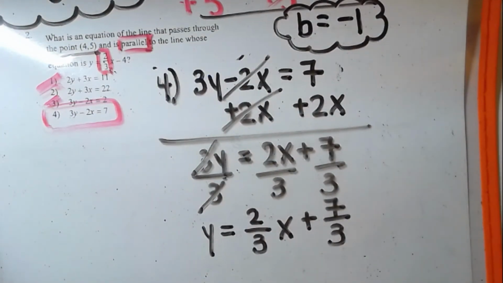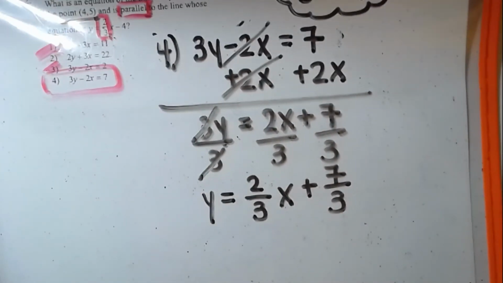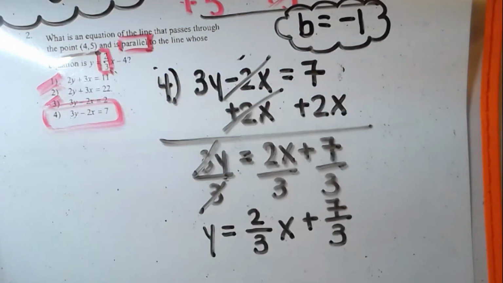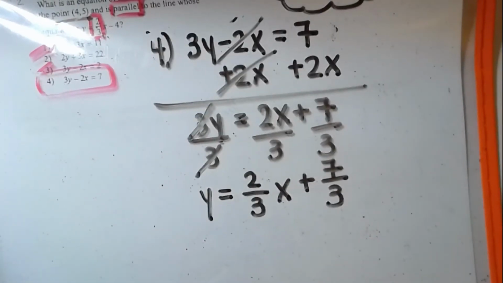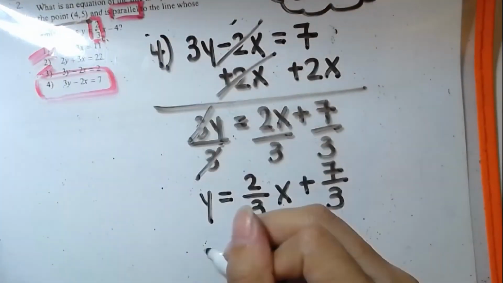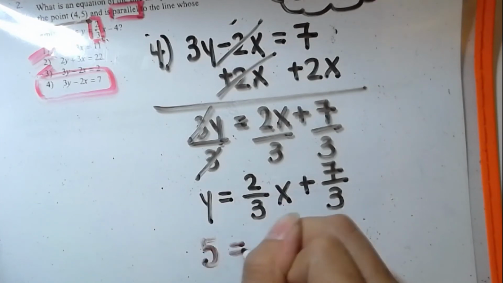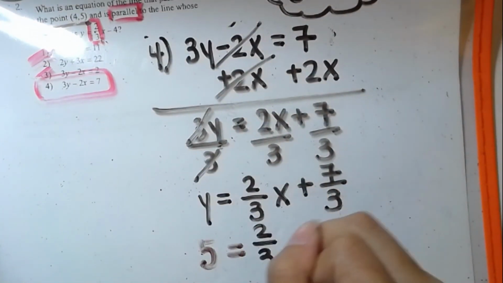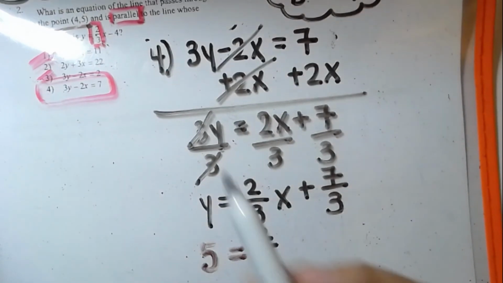And just like what we did in option number 3, we're going to plug in the point 4, 5. So the y term is 5, and we have x as 4.